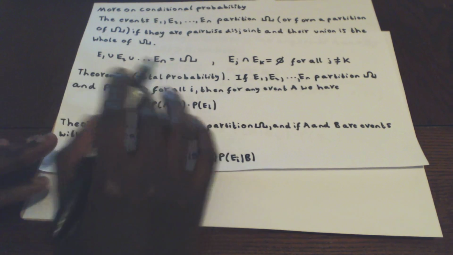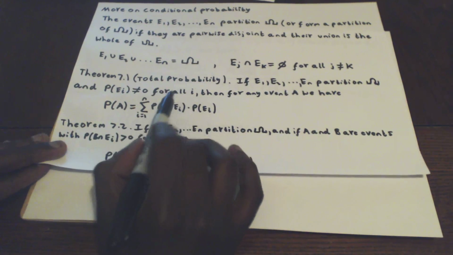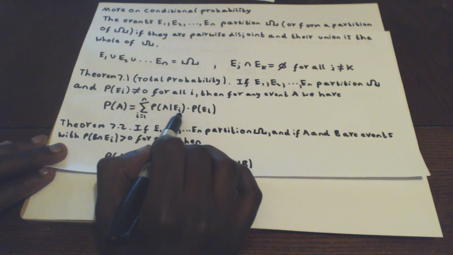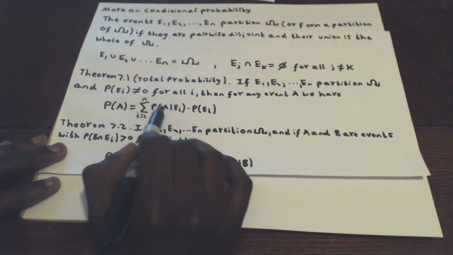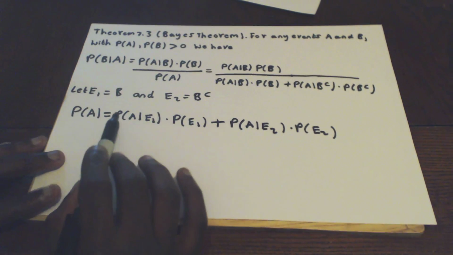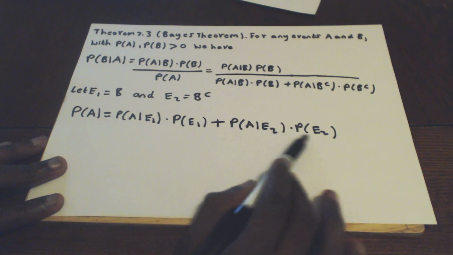The partition is just 2 pieces. And it's going to be the probability of A given E1 times the probability of E1 plus the probability of A given E2 times the probability of E2, which is illustrated here.